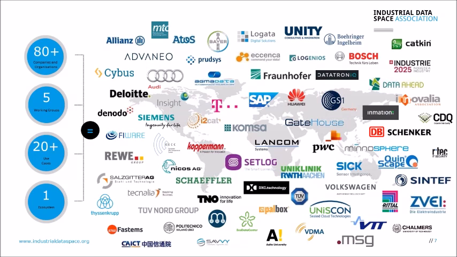It takes the reference architecture, the technological core, and matches it with reality via use cases in companies, in business ecosystems, in communities, to show how the industrial data space approach works.